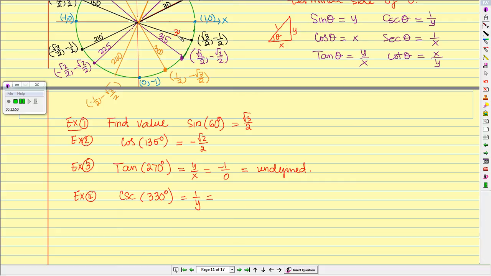I'm going to go to 330 degrees. So this is 330 degrees. Now I didn't label it, sorry about this. So here your y is negative 1/2. So you take 1 divided by negative 1/2, and if you simplify, you end up with negative 2.